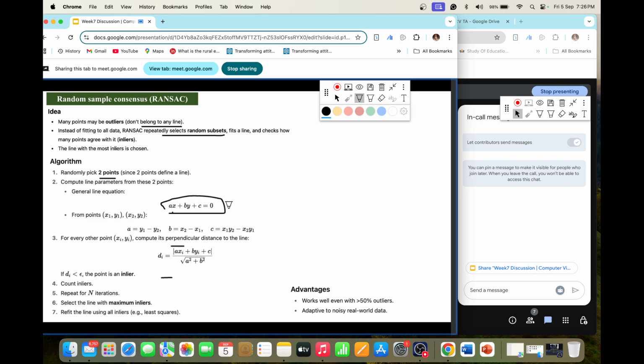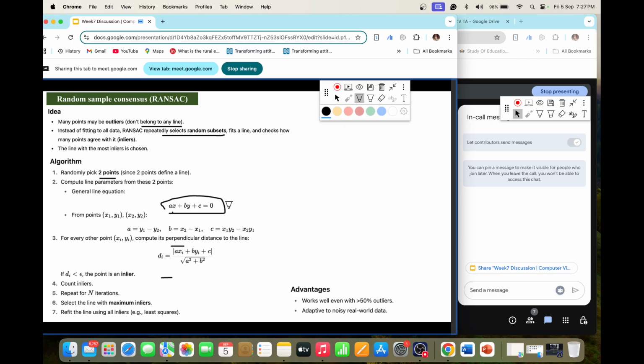How this method works is that we randomly pick 2 points, form the equation of the line from these points, and then calculate the perpendicular distance of all other points from that line. If the distance is less than the threshold, we call them inlier points.